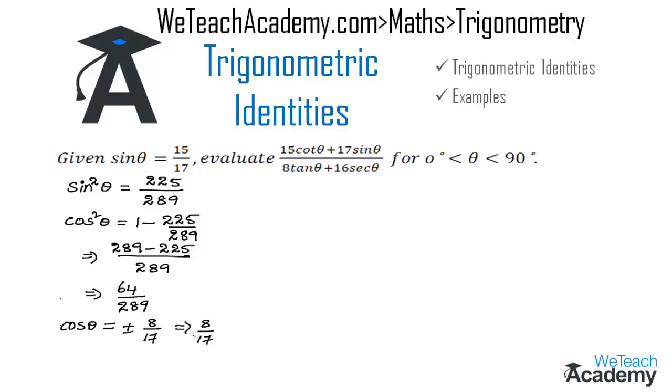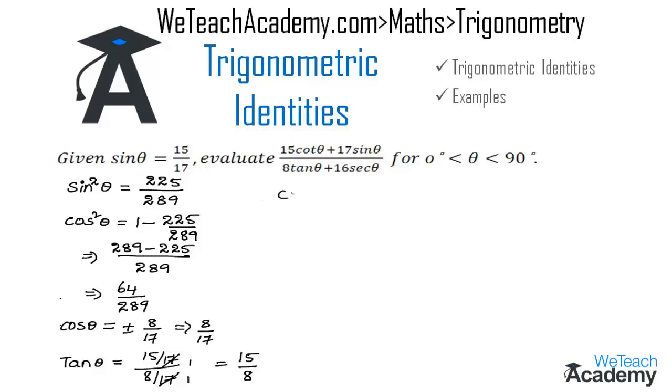So now let us find the value of tan theta. Tan theta is nothing but sin theta divided by cos theta. So now let us divide the values of sin theta and cos theta. Here we get 15 by 17 divided by the value of cos theta, which is 8 by 17. By simplifying we can cancel both the 17s. So that implies we get 15 by 8 as the value of tan theta.